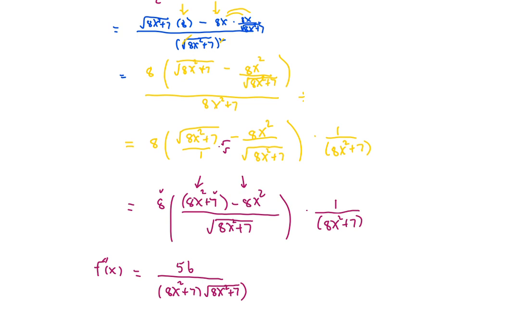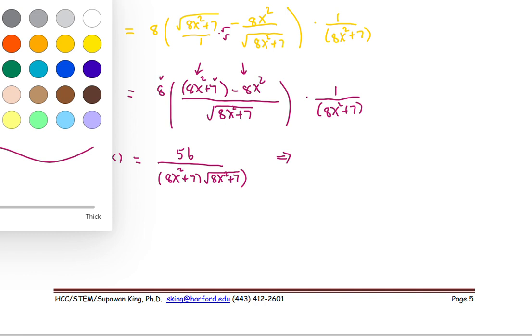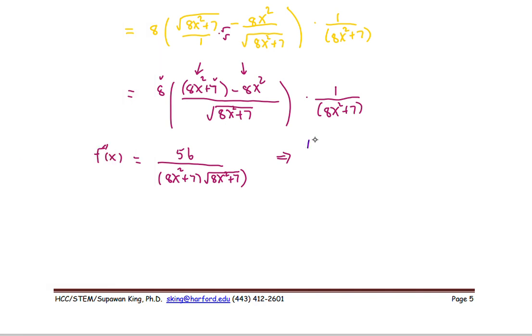Okay, from the second derivative we're going to use it to find the possible inflection points. To find them, in the first case we let f double prime be 0. In the second case we let f double prime be undefined.